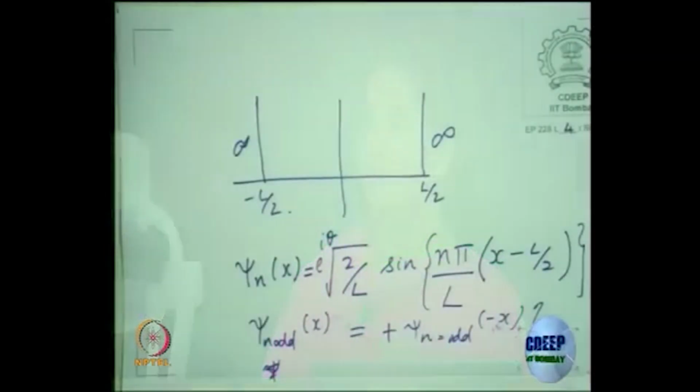So, it is a little higher energy once you have a node at the origin. But if you do not have a node at the origin, then the lowest energy solution should not have a node so that it has the lowest energy. That is why the lowest energy solutions are always even wave functions. And I have proved it for you for the particle in a box. You have already seen by explicit solution that the ground state wave function is an even function, right?